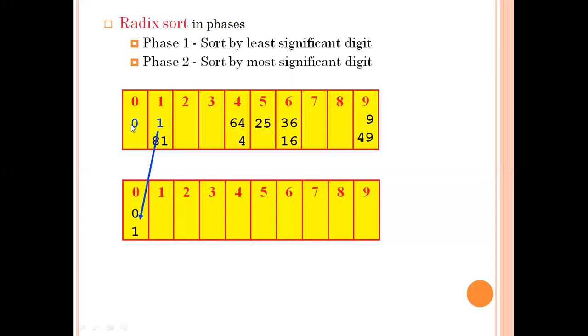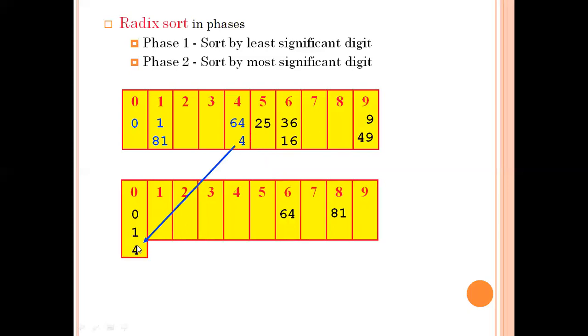So the most significant digit is 0 and the least significant digit is also 0, so it will be here. Now 81, its most significant digit is 8, so it will come here. 64 here, 4 here, because its most significant digit is 0.